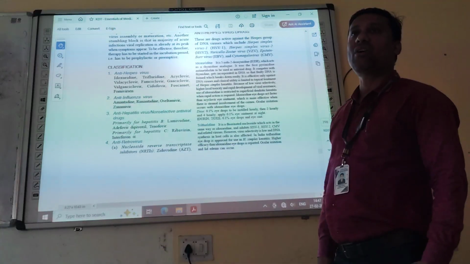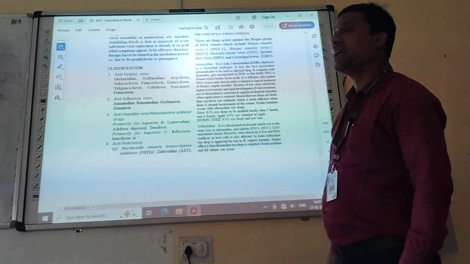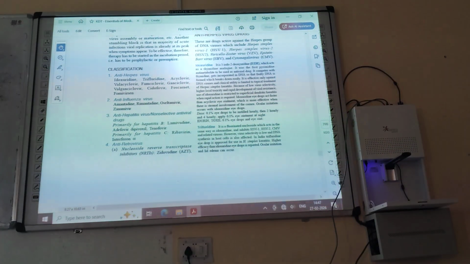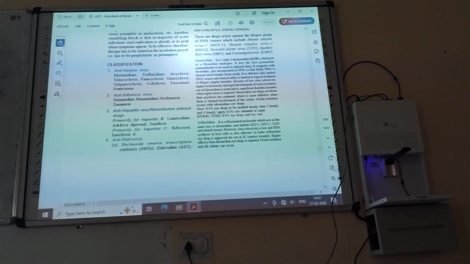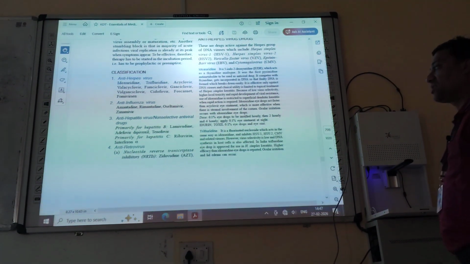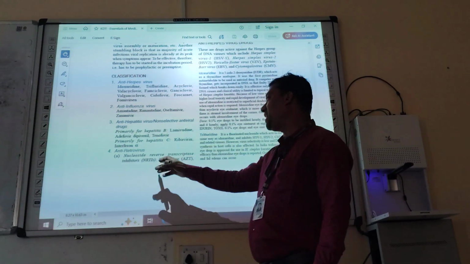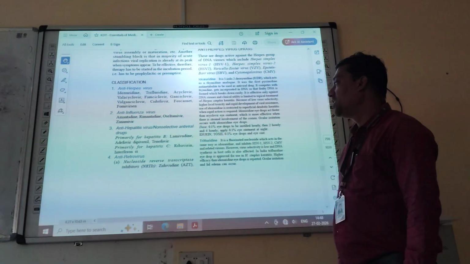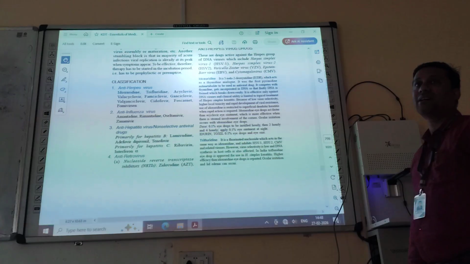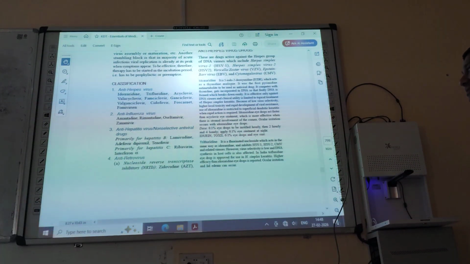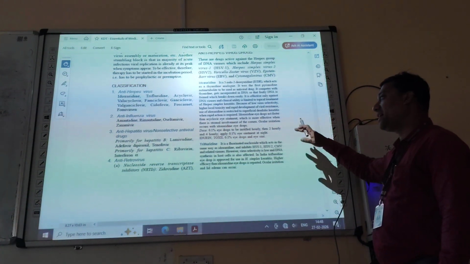The different drugs for killing the AIDS virus are classified as nucleoside reverse transcriptase inhibitors, NRTIs.